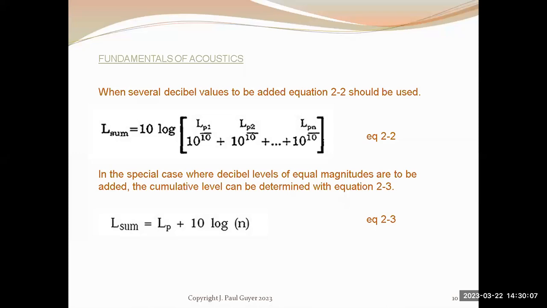But again, as far as building design is concerned, don't get too caught up in this, because you're almost never going to have occasion to do that. Equation 2-2 can be reduced if all of the source sounds are of the same decibel level, and you want to know what the sound will be if you sum all of them. Equation 2-2 reduces to equation 2-3.